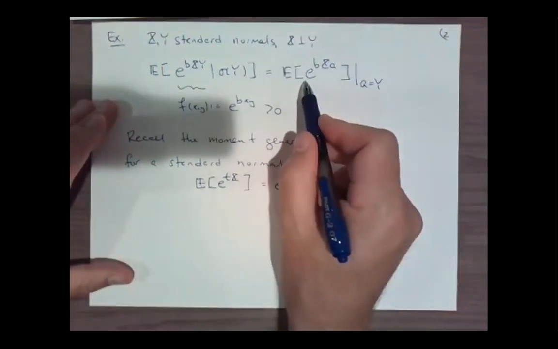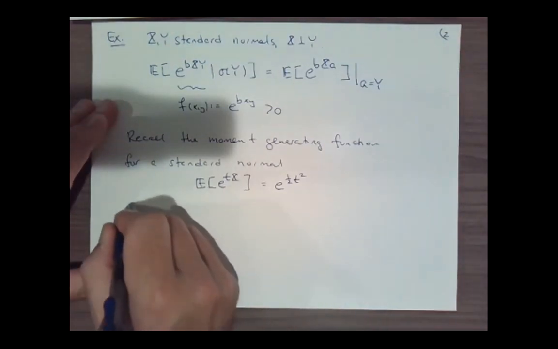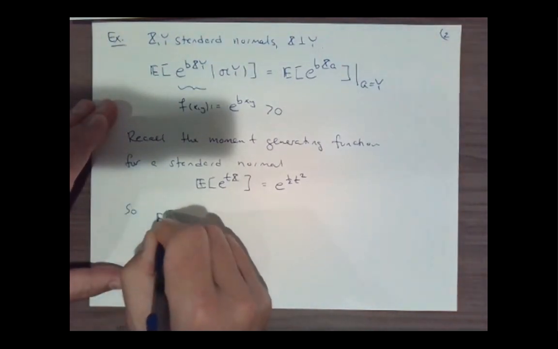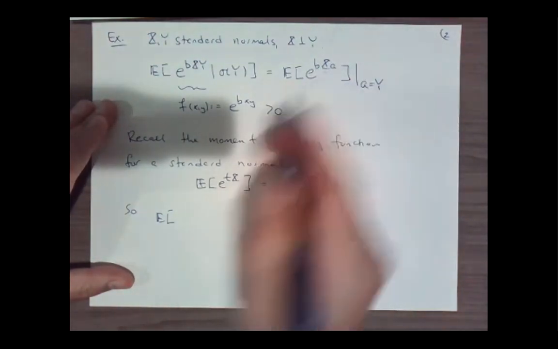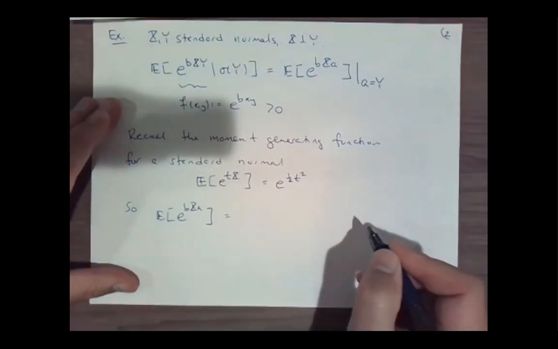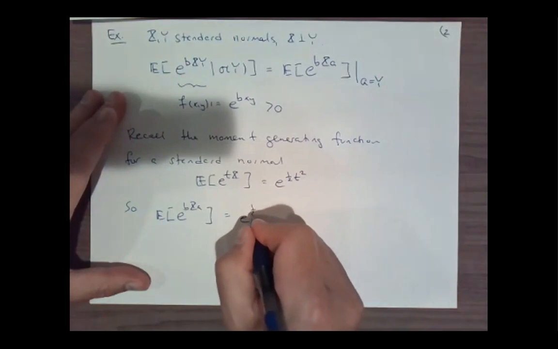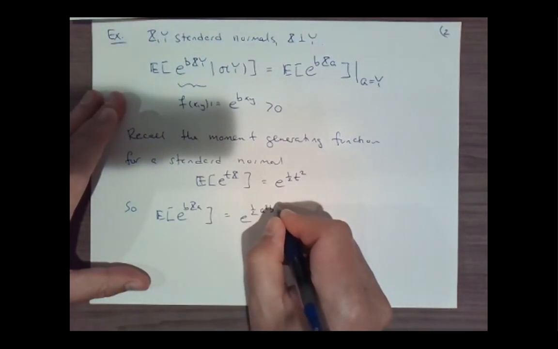So if I use that up here, I apply this formula for t equal to a b. So I'll get E of e to the b x a, which is equal to e to the 1/2 a squared b squared.